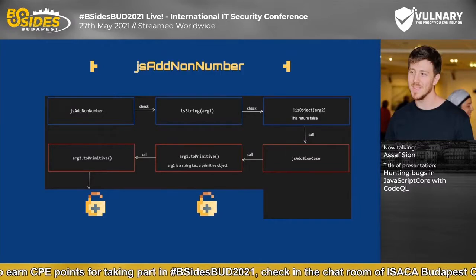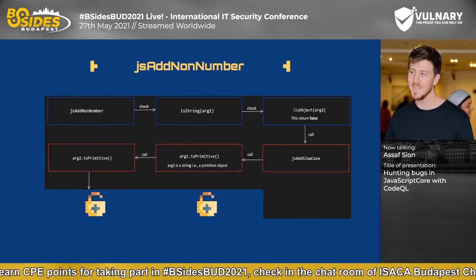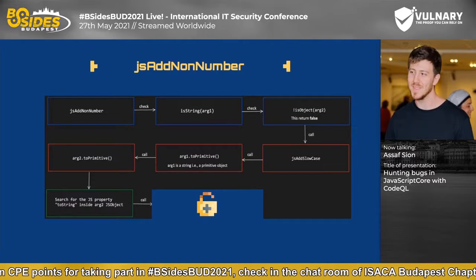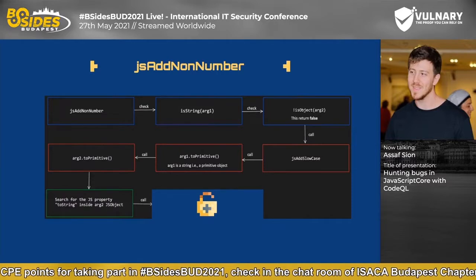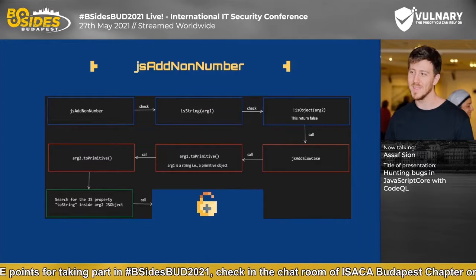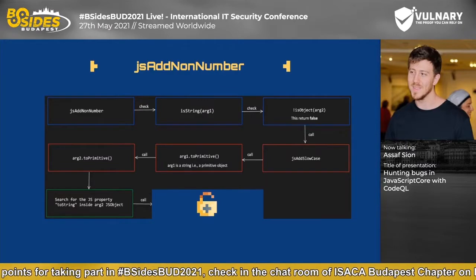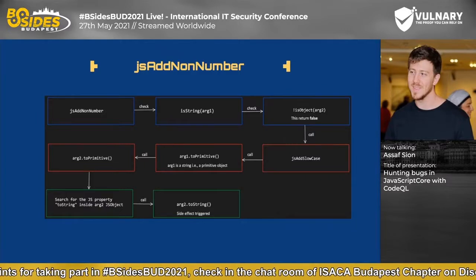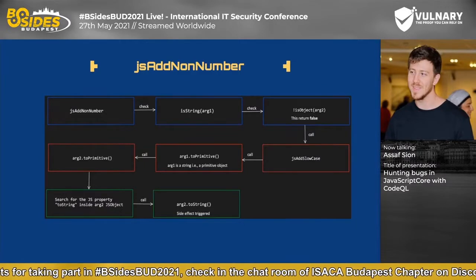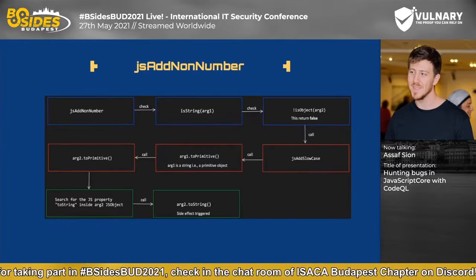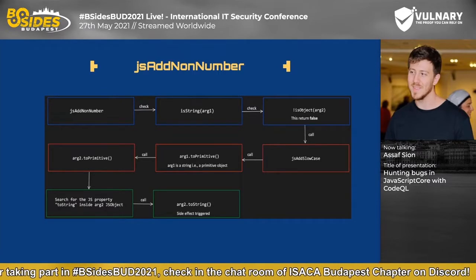But now we have a different function in there that's called toString. toPrimitive will search for the JavaScript property toString, and if that property exists and it's a valid function, JavaScriptCore will call that function. And eventually, this is a function that we completely control, and this is where the side effects are triggered.